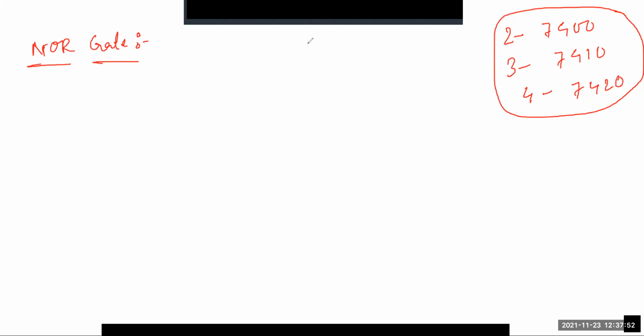Now the NOR gate. NOR means OR plus NOT. So first, the expression of OR.